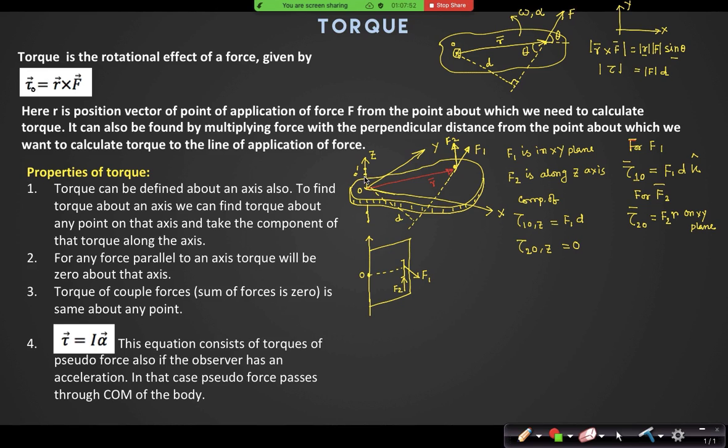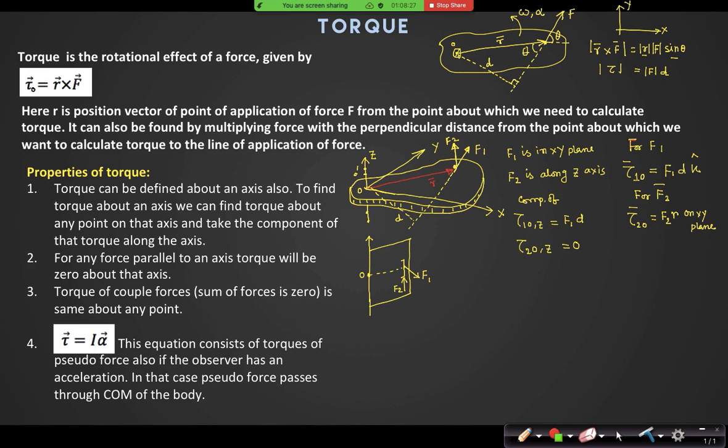So you can take any point on that axis, take the torque about that point of all the forces, and then take the components of all those torques about that axis, and those components will only be responsible for the rotation. That is the torque along the axis.